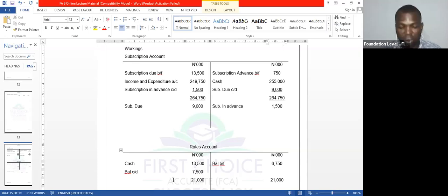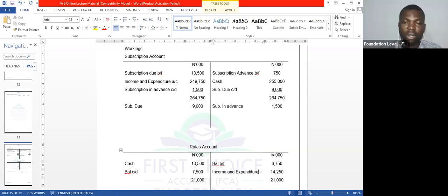So 21,000 minus 6,750 will give us 14,250. So this figure is what we write down in the income and expenditure account. So let's go back to our account. We have our account here.